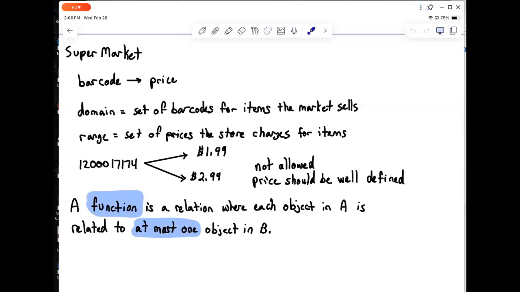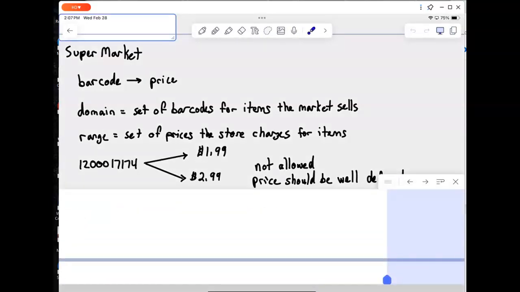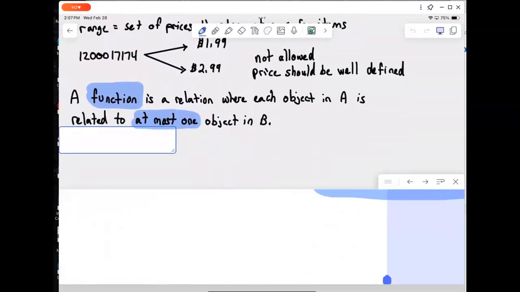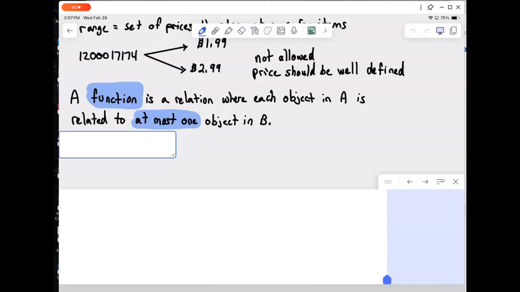It's a relation where each object in the sending set is mapped to at most one object in B. So what we're going to do now is look at some examples of relations, talk about this idea of domain and range, and also make the decision: is the object we're talking about a function or is it not?